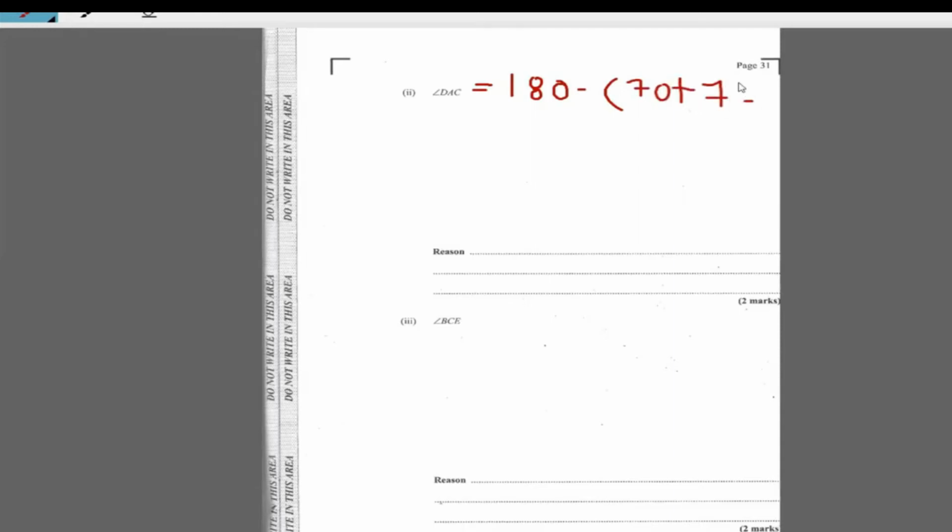And so what am I getting? That angle DAC is equal to 180 minus 70 plus 72, that's 38. It's 38, that's angle DAC. Angle DAC is 38 degrees. And what's the reason?